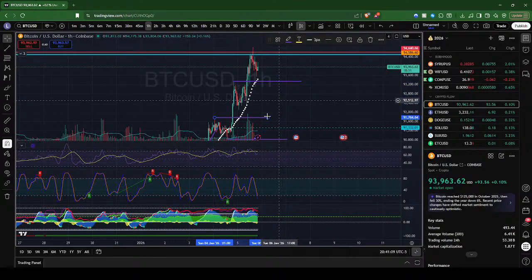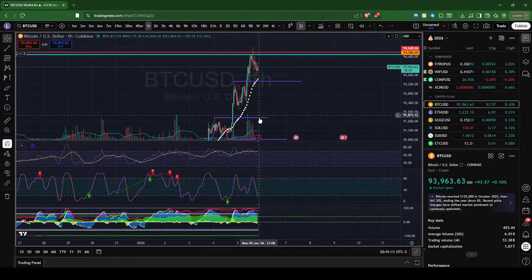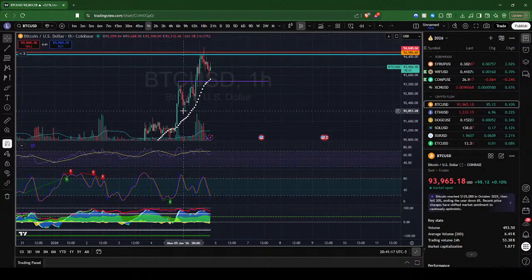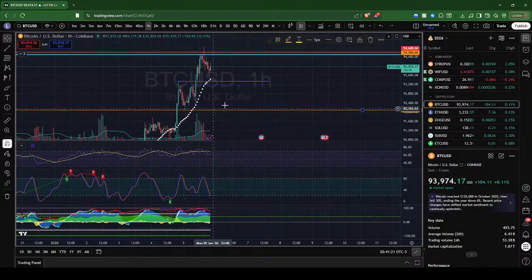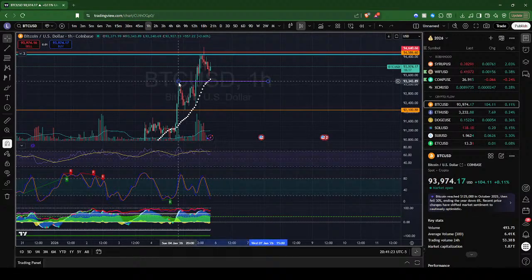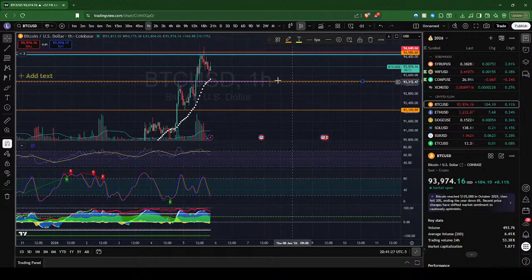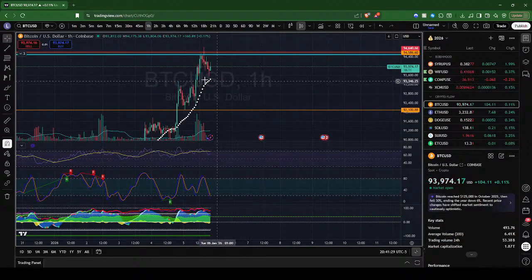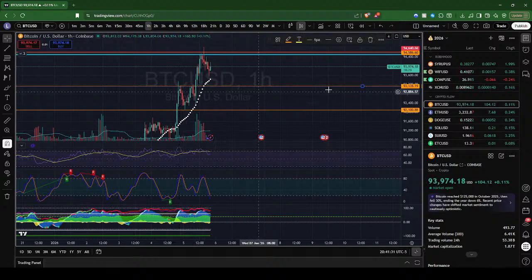And what we'll do here is we'll give an estimate of where we're going to be tomorrow. So in this local range here, I'll start putting these as support lines. Here we go. Wow.